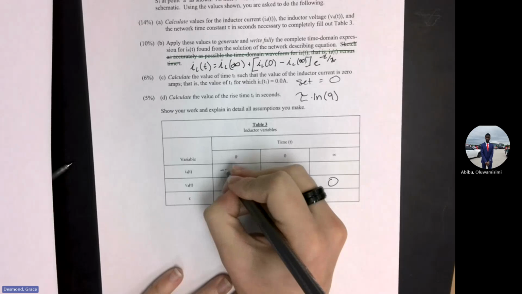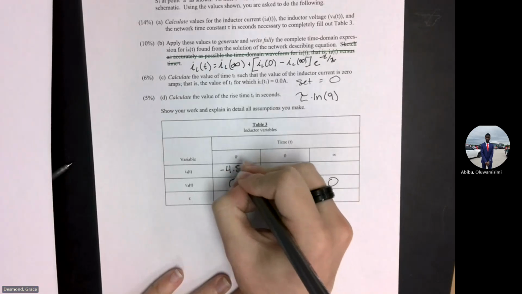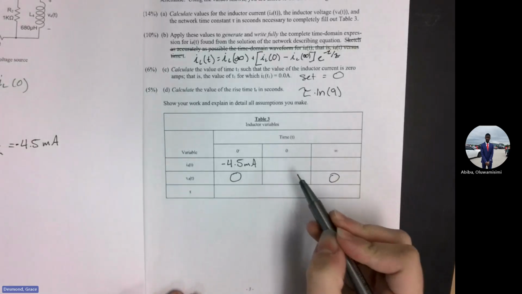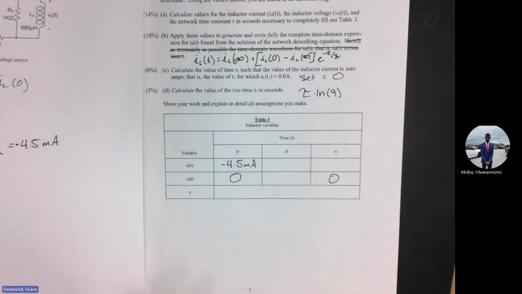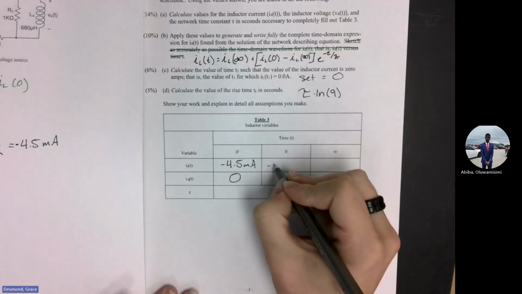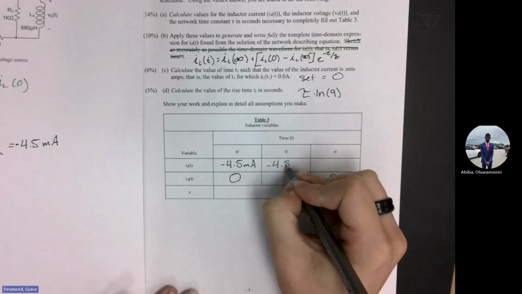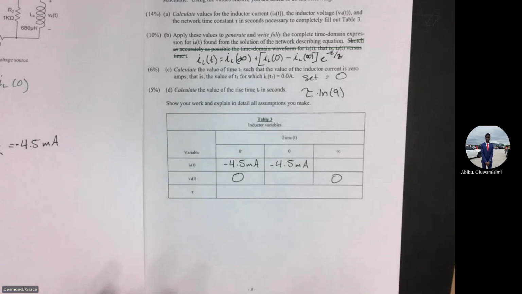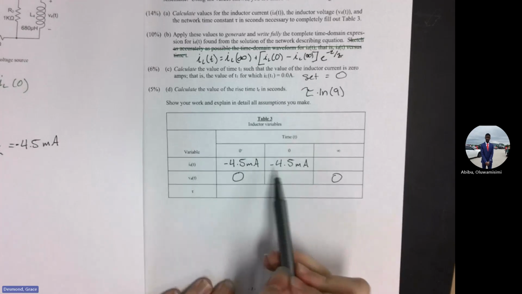Now we're going to go over here and write negative 4.5 milliamps. So from 0 minus to 0, does that current change? No. Exactly. Because an inductor resists change in current, and the same is true in the opposite for a capacitor: a capacitor resists change in voltage. So these two values are always going to be the same.